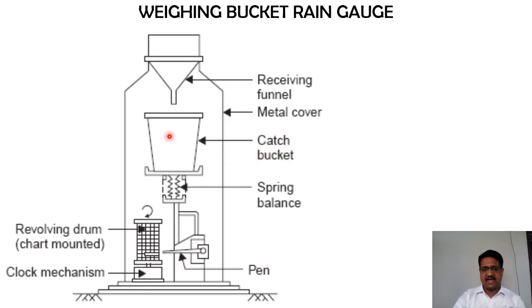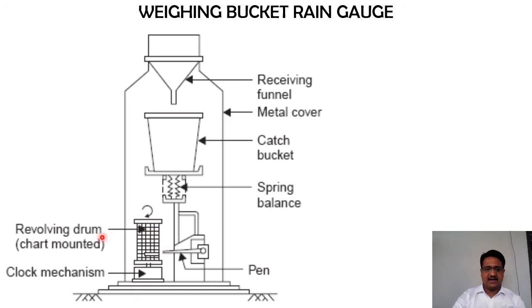Then we have the catch bucket, which is nothing but the cylinder, and below the bucket a spring balance, and below that a connecting mechanism from the spring to the pen. The pen shown over here is connected to the spring, so as the spring goes down or up, the pen movement will be respective to that.